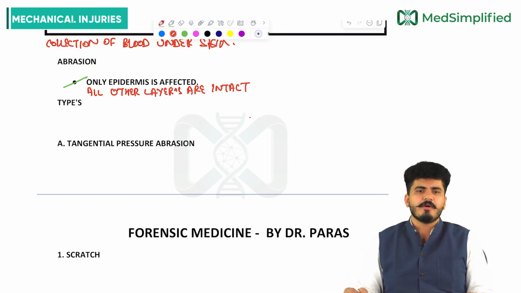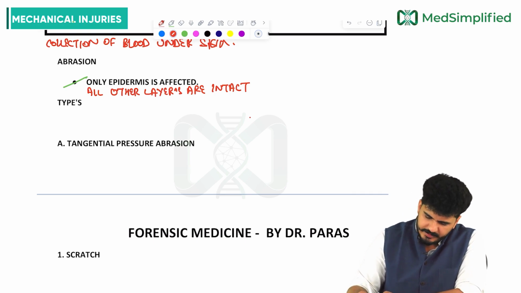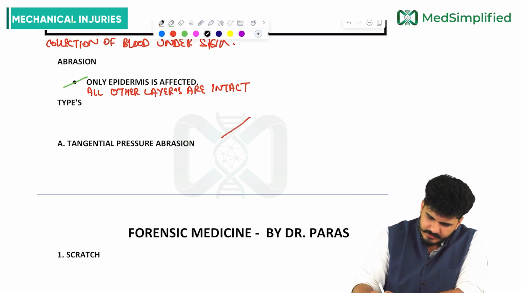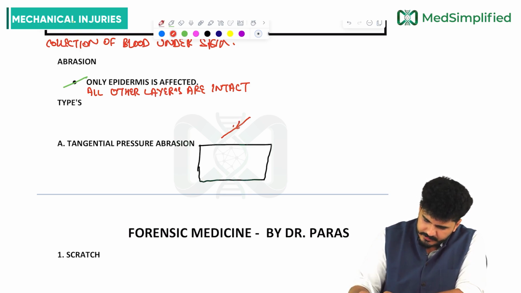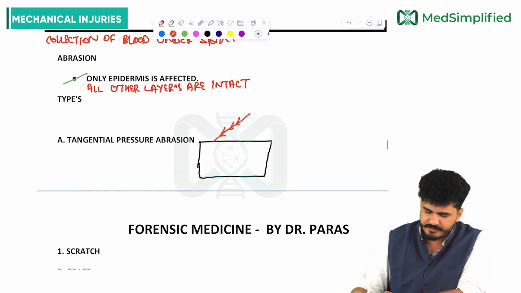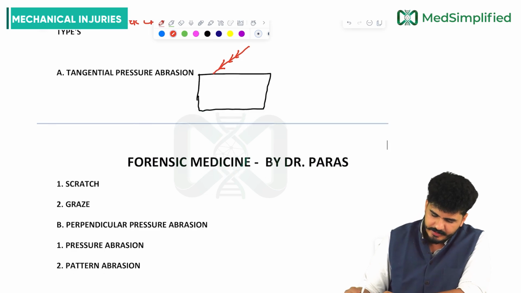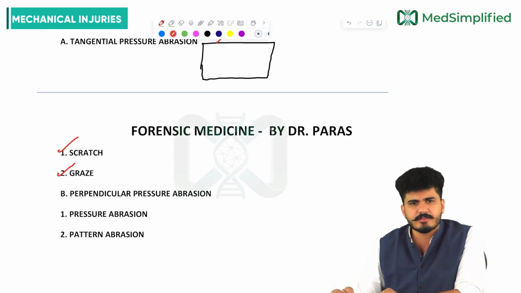Now coming to the types of forces. There will be a tangential force. Tangential force comes like this. If I draw the surface, if I draw this table, the tangential force will be like this. Tangential pressure force is there, causing pressure abrasion. In tangential, the examples would be a scratch or a graze, my dear friends.